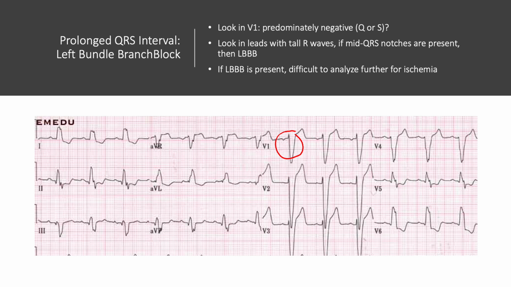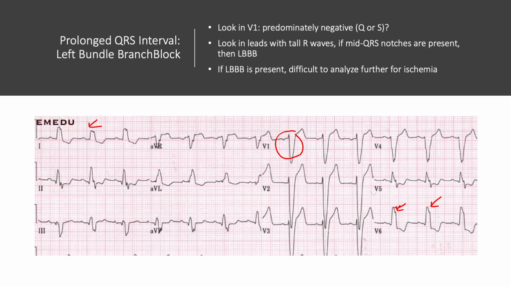And then I'm going to take a look to see whether or not there are any leads that show notching in a tall R wave. So typically I might look in lead 1. You can see I've got big R waves in lead 1. I've got big R waves in lead V6. And I'm seeing some notching on the side of this peak.